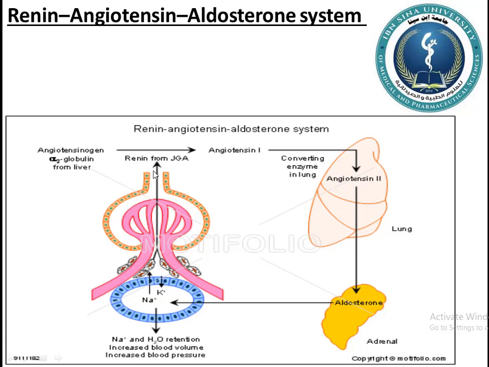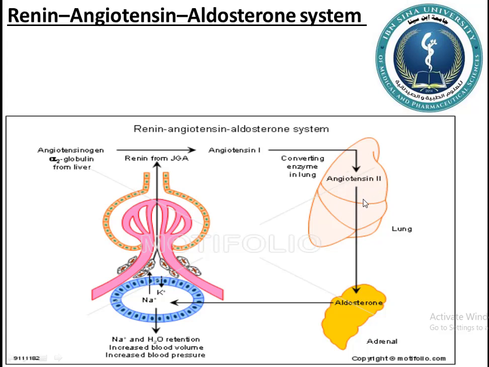This renin causes the change of angiotensinogen from the liver to angiotensin 1. Angiotensin 1 is an ineffective substance, and is converted by a special enzyme called angiotensin converting enzyme, ACE. This is more present in different parts of the body, like in the endothelium of the blood vessels, mostly in the lung. This is angiotensin 2.